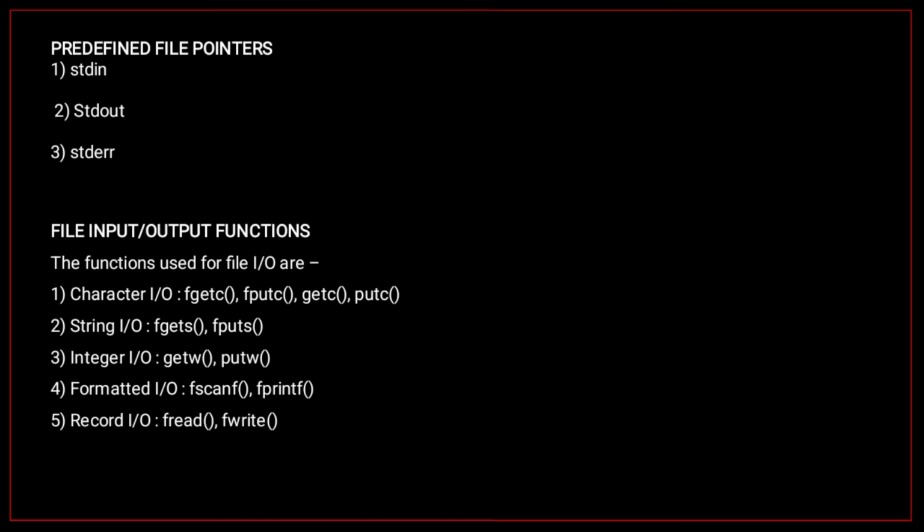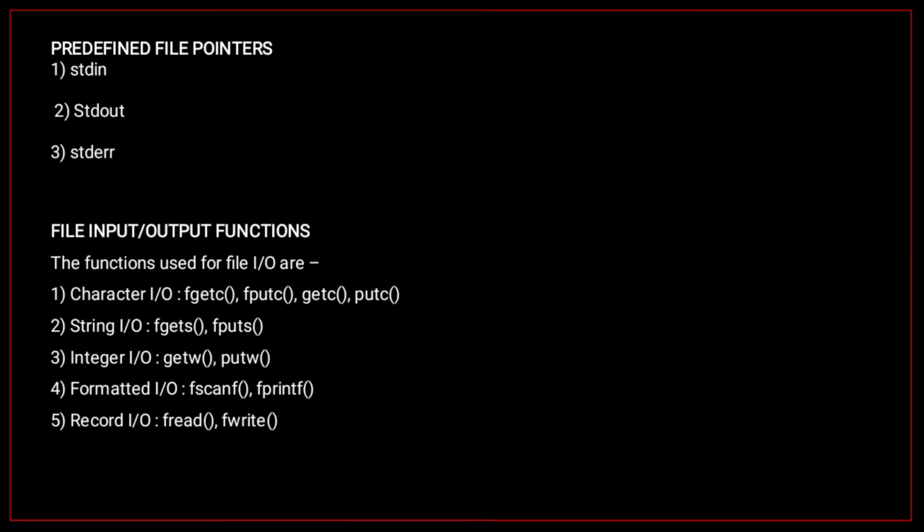Second, stdout. This predefined file pointer is used for the standard output device, for example screen, that is a monitor. And third is stderr. This predefined file pointer is used for the standard error output device, for example screen.